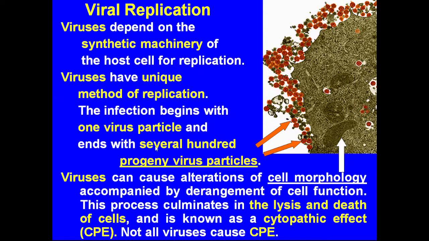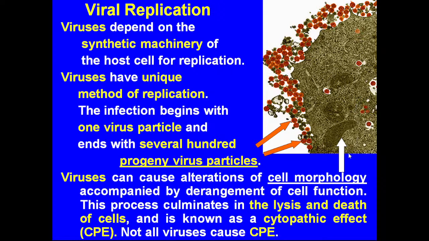As we stated, viruses depend on the synthetic machinery of the host cell because they don't have organelles. As a result of entry of one single virus into the cell, hundreds of progeny viruses will be produced. Viruses can cause alteration of the cell morphology, accompanied with the degradation or derangement of the cell functions.